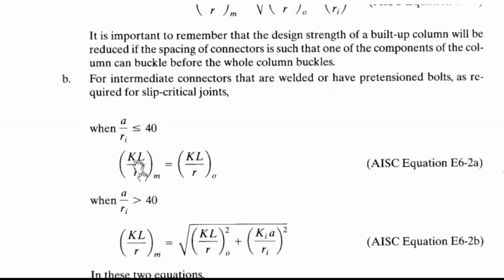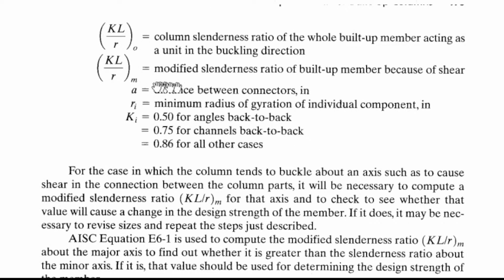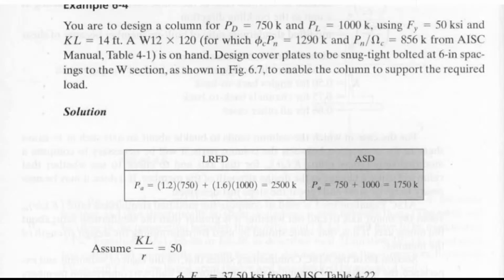We are modifying it. What do we mean by A? This is what we mean by A: the distance between connectors. Therefore, we can just use the Pythagorean theorem: connectors and overall is equal to the modified.